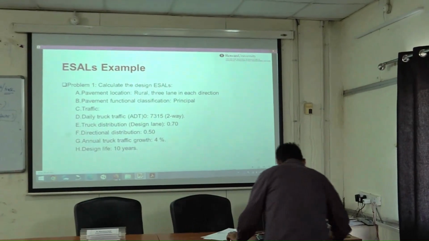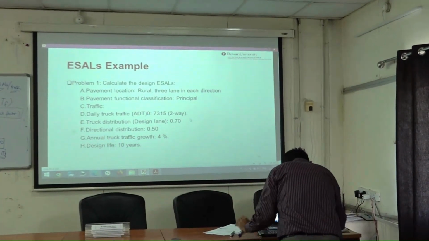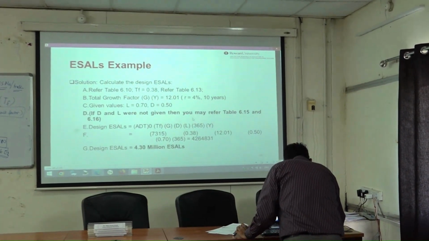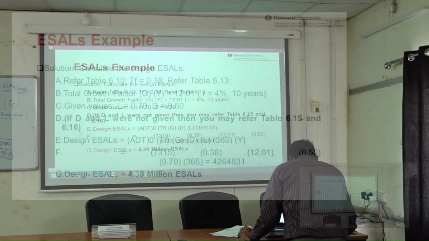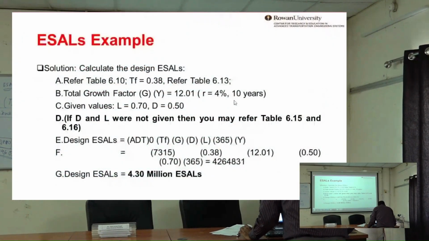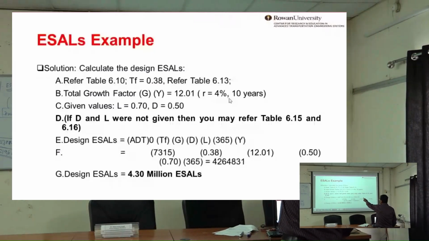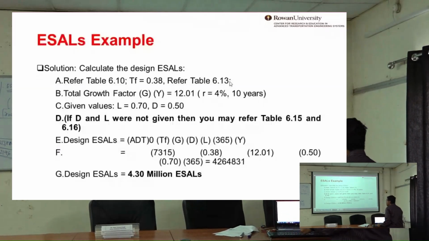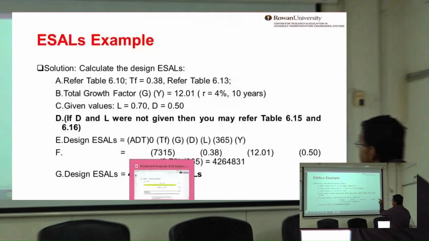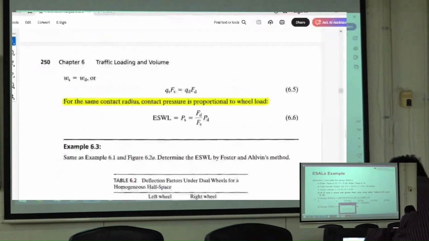Now, alright. So that's 11 million trucks. I will give you the truck factor. We have to go to table 6.3.10. Okay, so that's 0.38. I'm going to go to the textbook.